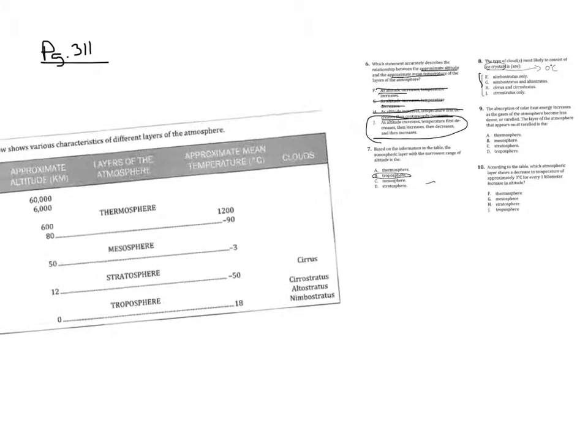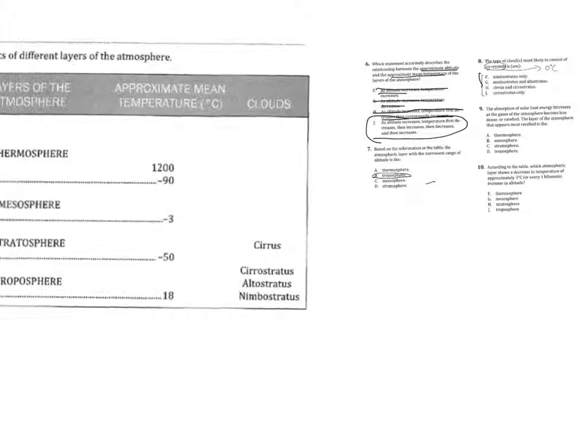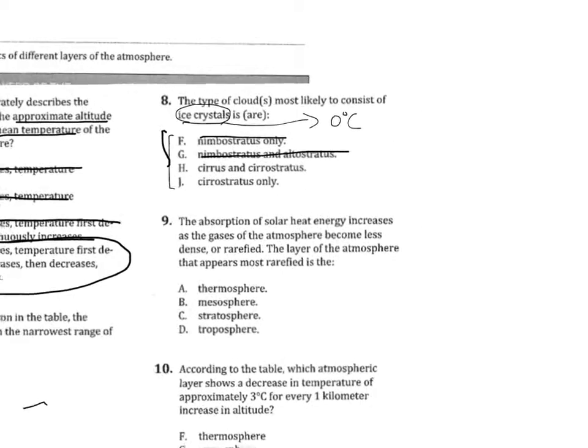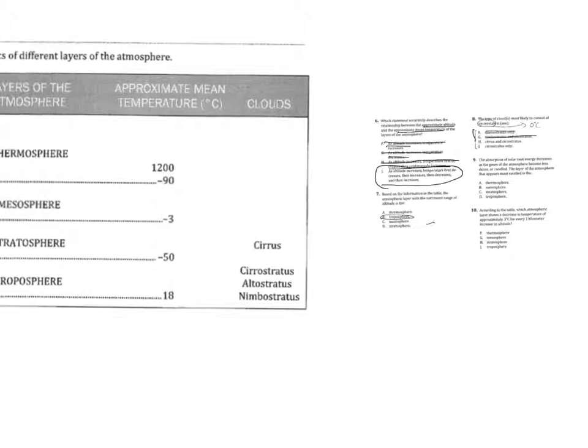So we look and we see that nimbostratus and altostratus are at 18 degrees, so it can't be nimbostratus and altostratus, so it's between cirrus and cirrostratus.